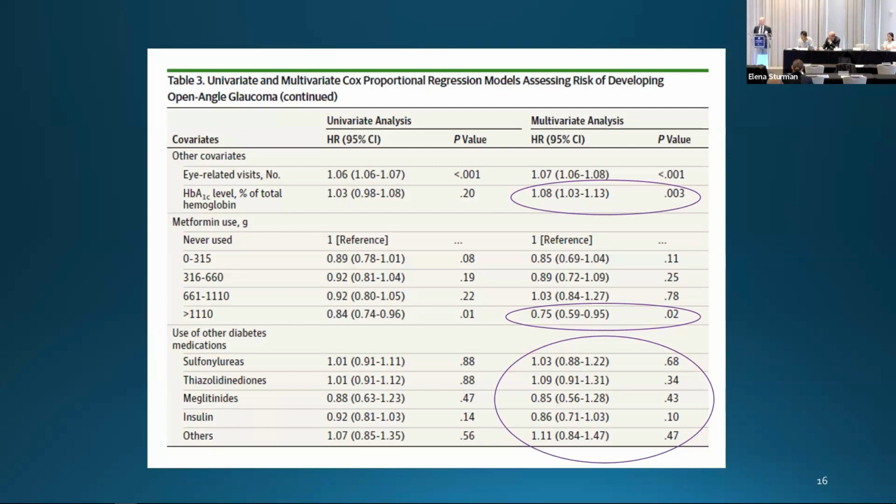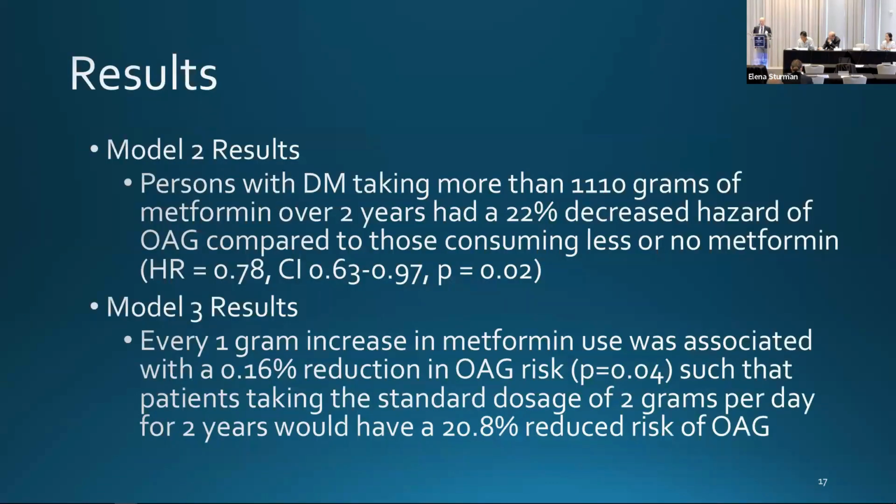Then we looked at the other classes of anti-diabetic medications, and you can see none of those medications were statistically significant. When we looked at the second model, we found those who consumed greater than 1,110 grams of metformin over 2 years had a 22% decreased hazard of glaucoma compared to those consuming less than that or no metformin.